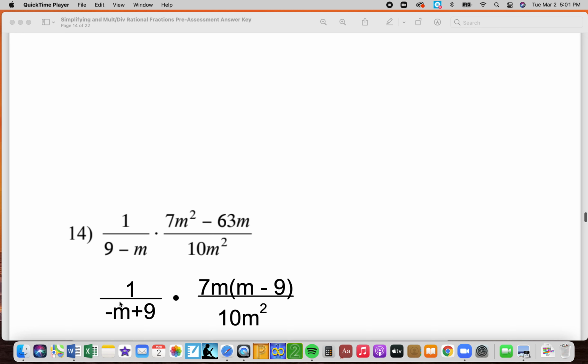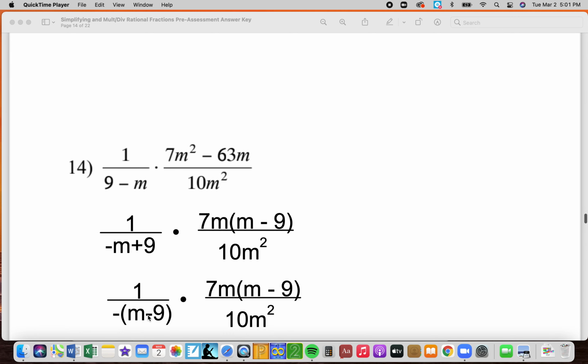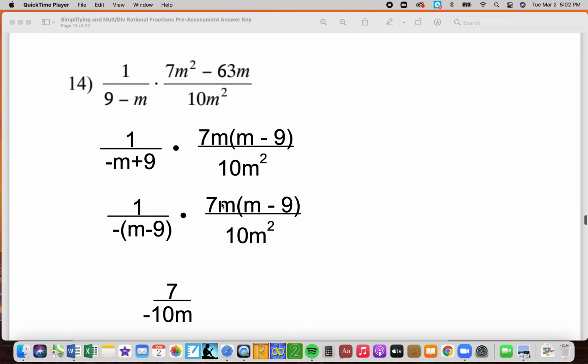And now that I've written it in standard form, I notice that my first term is negative, so I have to factor out a negative 1 from both of these terms. That leaves me with the opposite of the quantity m minus 9. Now I can cancel the m minus 9s. I can also cancel an m in the numerator with one of the m's in the denominator. So that would leave me with 7 over negative 10m.